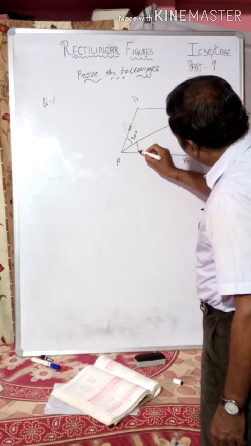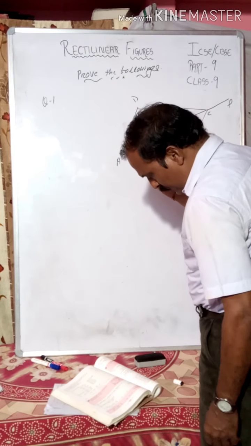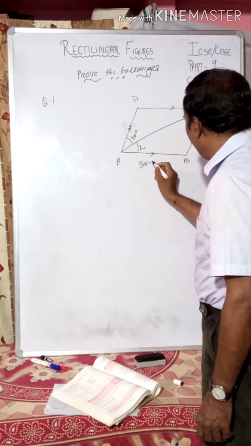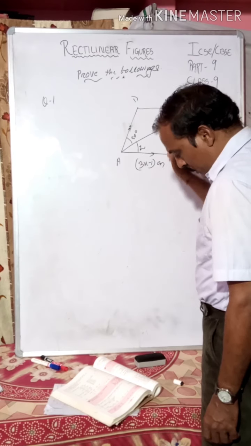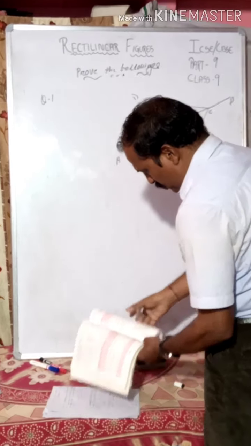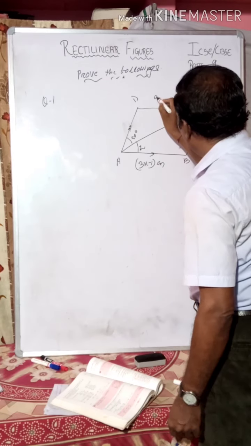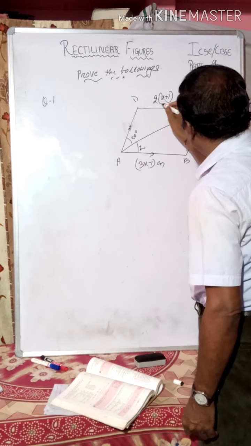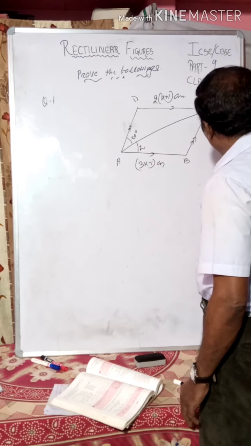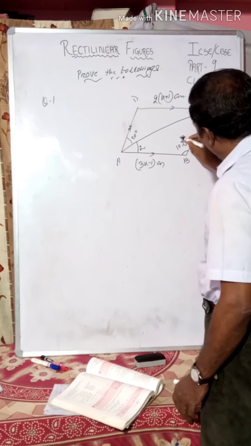This angle is z, and this side is 3x minus 1 cm, this side is 2 into x plus 1 cm, this angle is y, and this angle is 102 degrees.